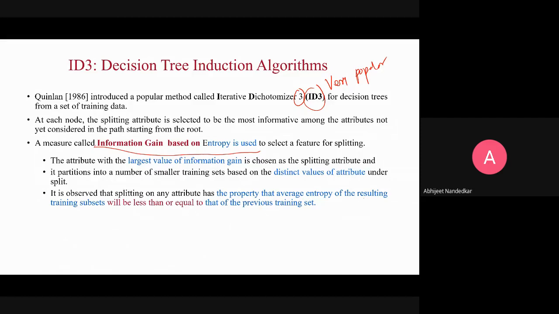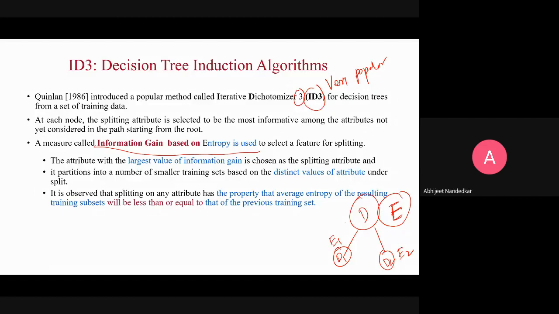Meaning is, if I start with the root node, say this is D, and I divide it into D1, D2, the entropy at the beginning is, suppose, E, and the entropy after breaking is, say, E1, E2.